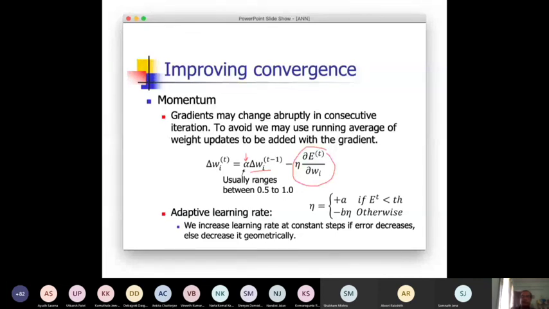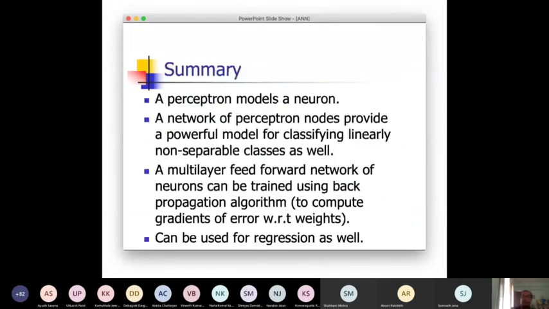And you can see here that we are computing with respect to these negations, because when you add them, it becomes positive otherwise. And there is also an adaptive learning rate. So this eta could be made adaptive: increase at constant steps if error decreases, else decrease geometrically. So there are different policies of step movements.